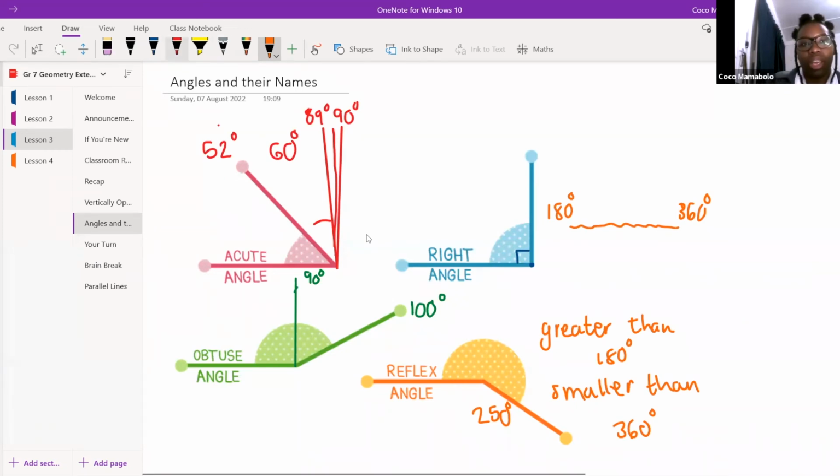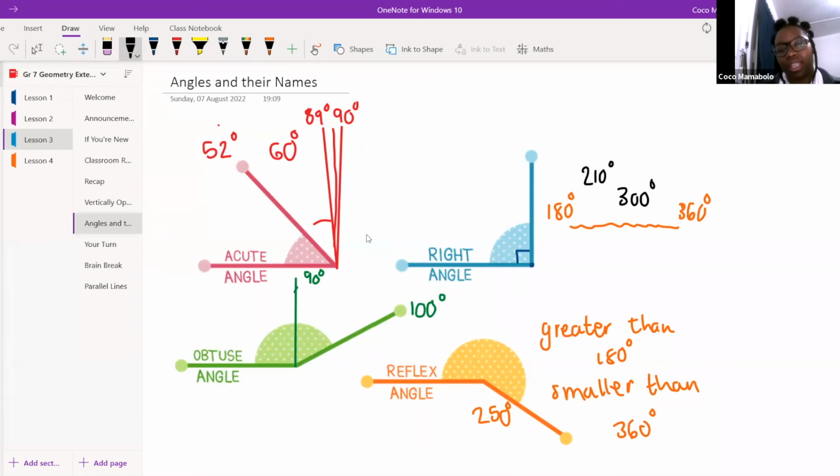If I chose 300 degrees, it falls in there because it's less than 360 but bigger than 180, or 210 degrees, or 190 degrees, because they fit in there. I hope that makes sense to you guys.